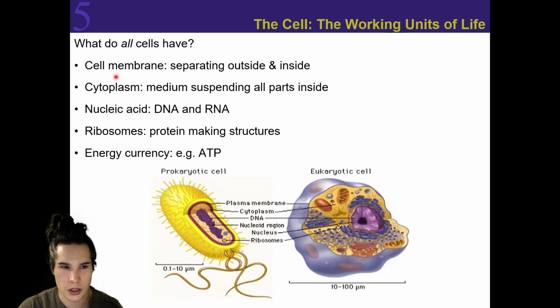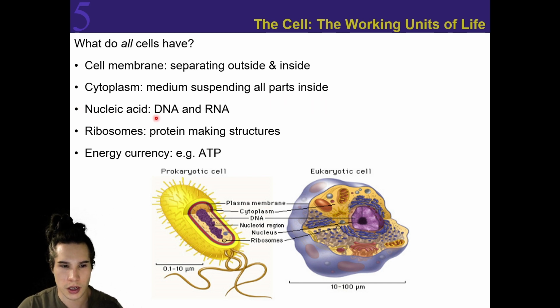So all cells are going to have a cell membrane. That's just going to be that lipid bilayer structure that separates the inside of the cell from the outside of the cell. All of our cells are going to contain some form of cytoplasm. So that's the juice within the cell containing the pulp. That's the medium suspending all of the parts inside.